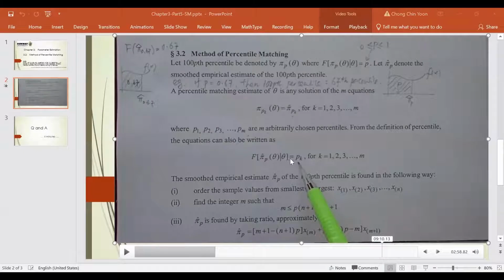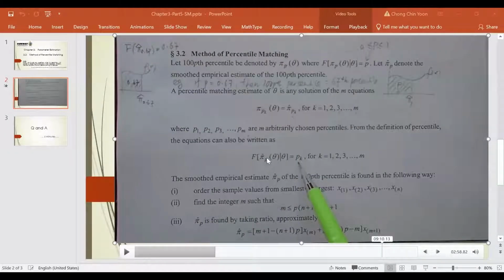This line we just want to explain here, because the CDF of pi_0.67 is exactly equal to p. The CDF at this pi_p has probability pk, depending on what your k is.